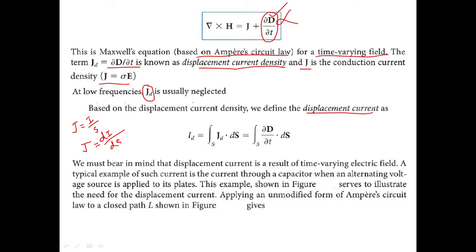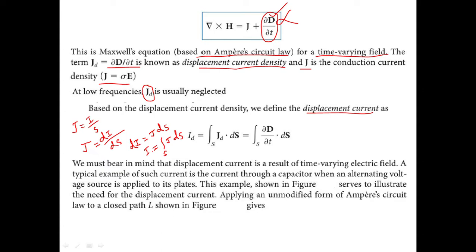So di is equal to J into ds. If I want I, it will be equal to the surface integral of J ds. This is the general equation for current density.